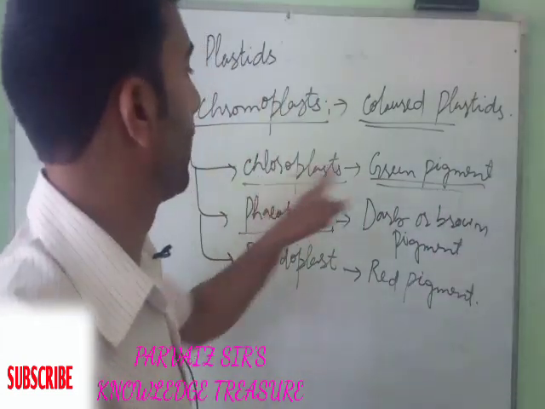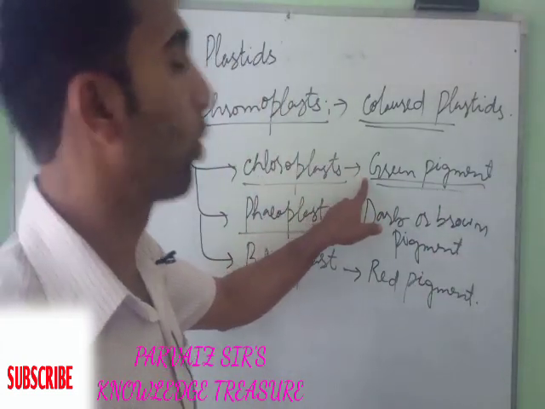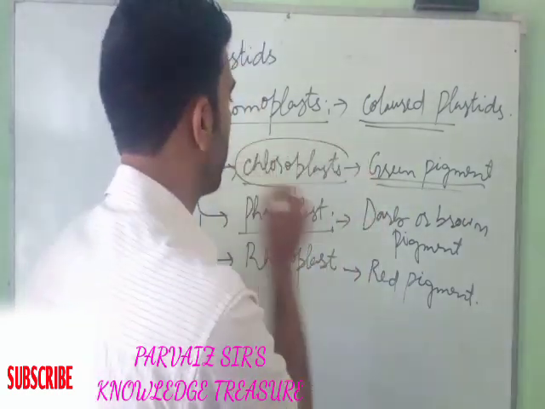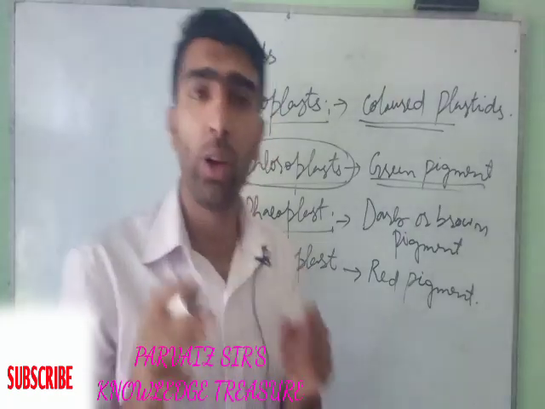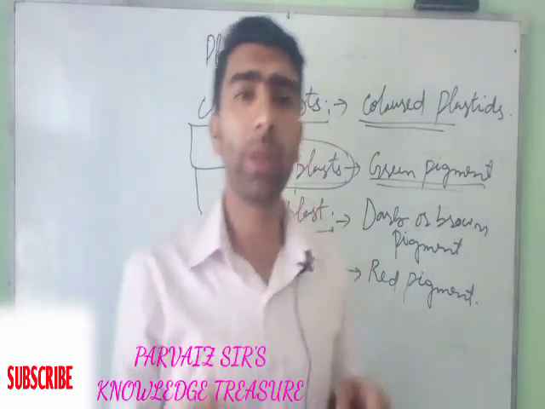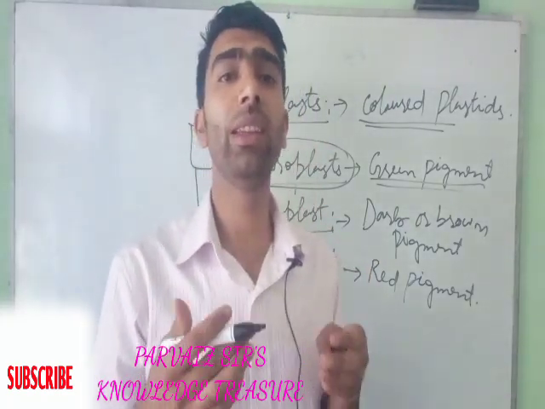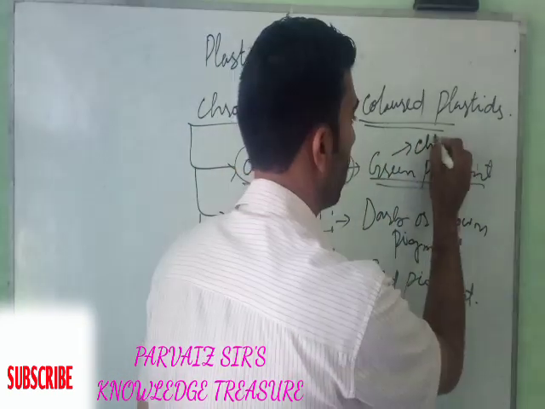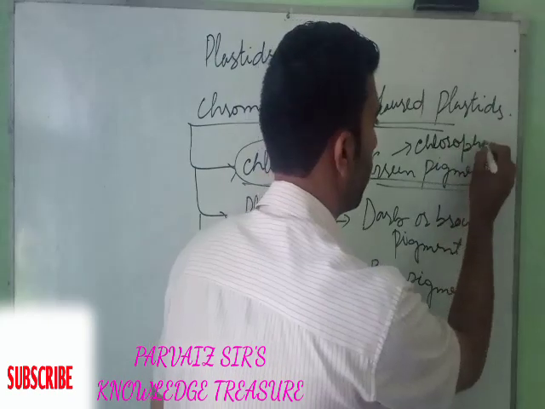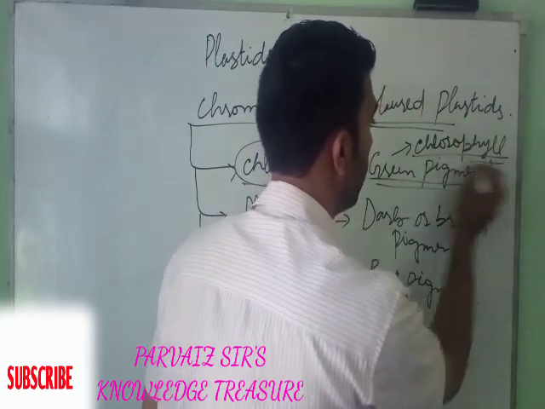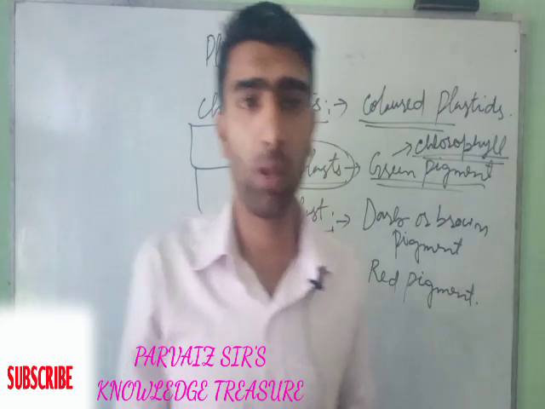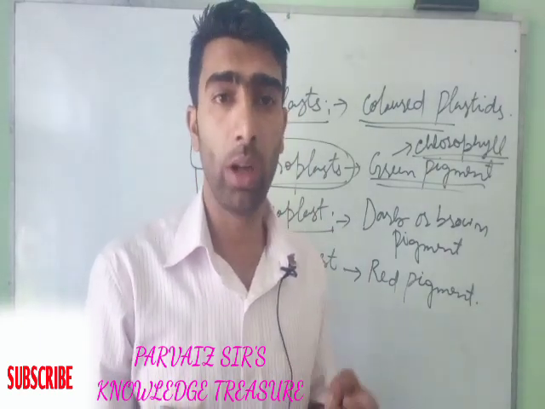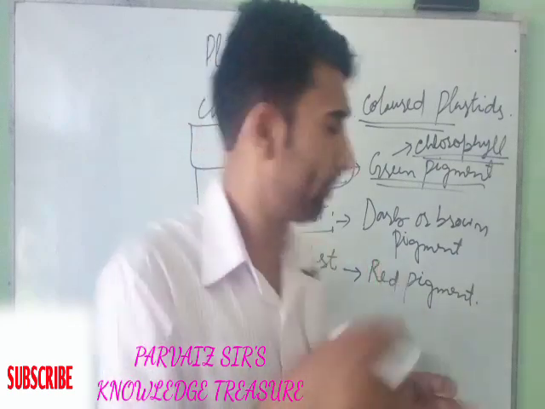The green pigment present in chloroplasts is chlorophyll. That is, chloroplasts are green due to the presence of chlorophyll in them. Chlorophyll is involved in the process of photosynthesis, by which plants manufacture their own food.